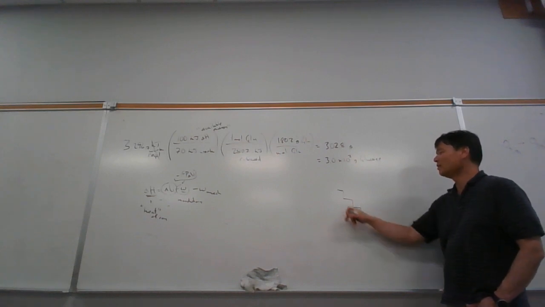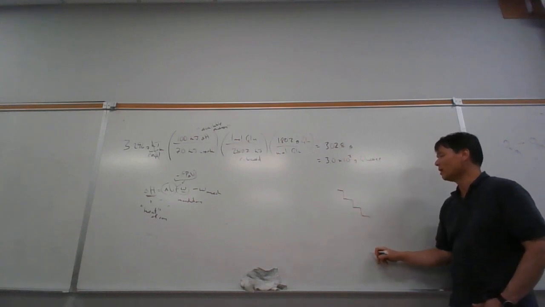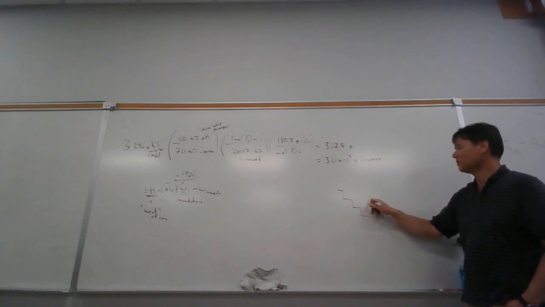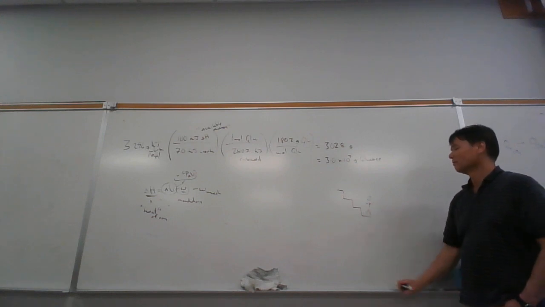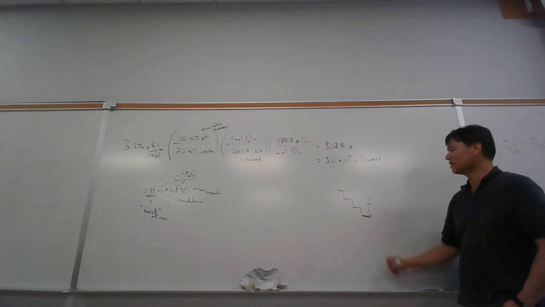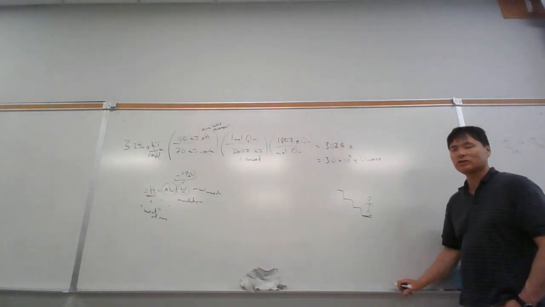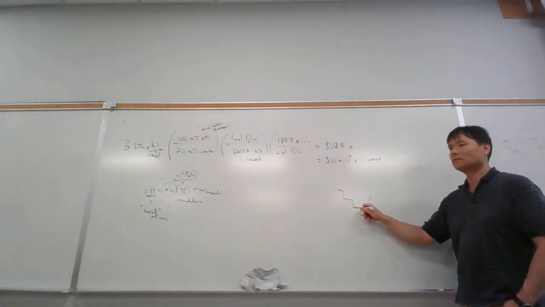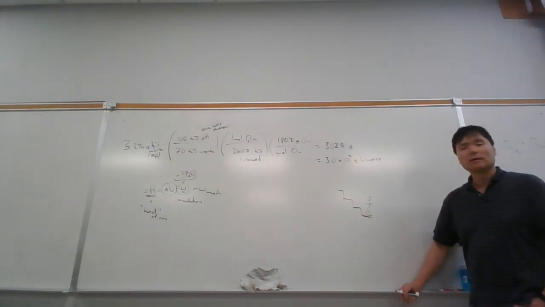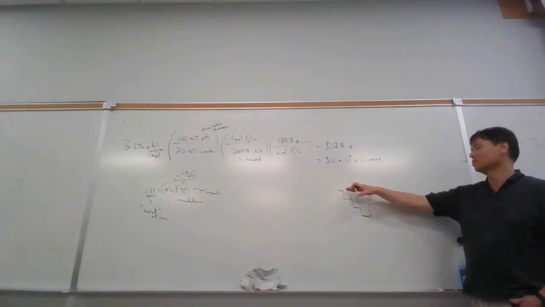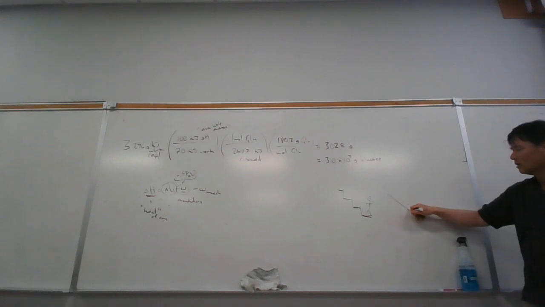Here, we can't have any gravitational potential energy you want. It depends on what step you're on. So we could have this gravitational potential energy, but the next allowed gravitational potential energy will be here, right?